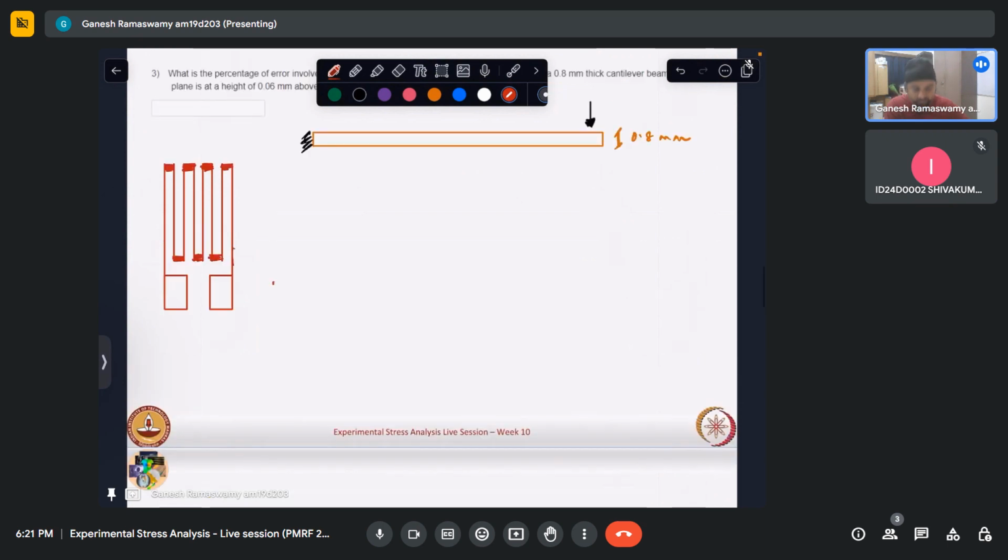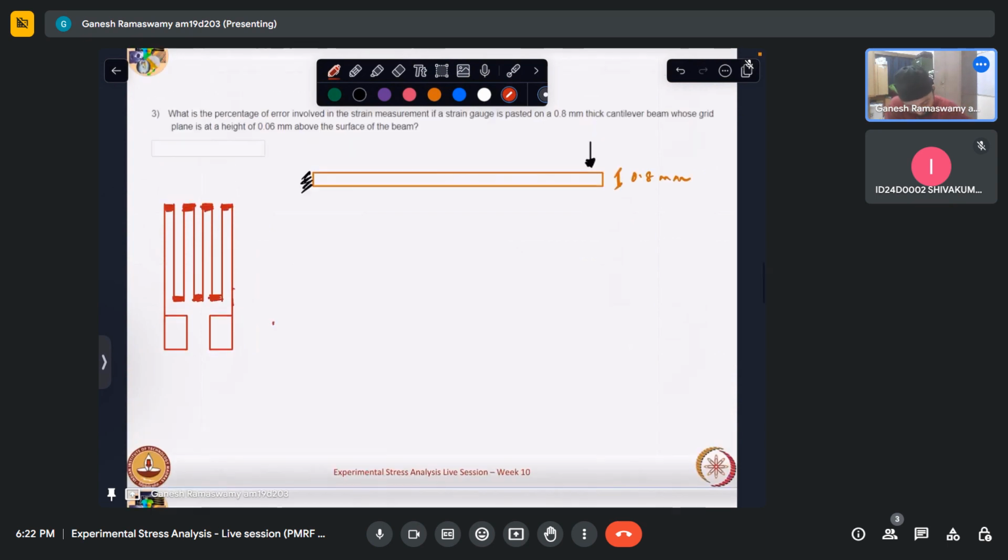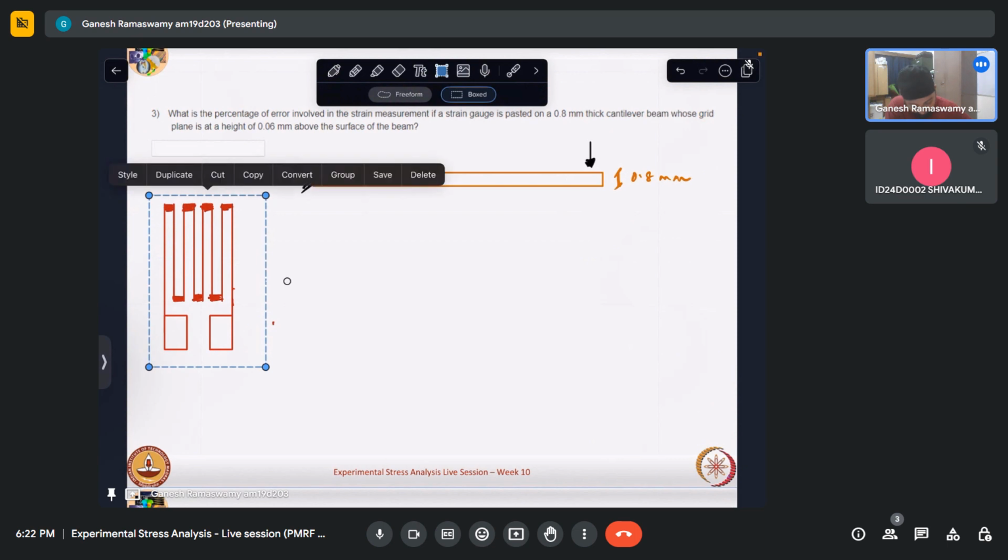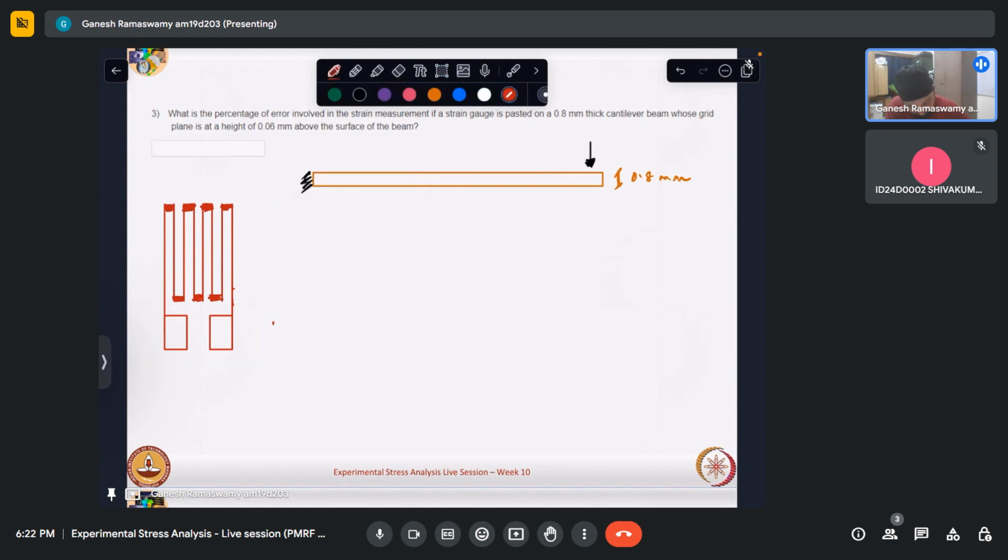So these will connect to the solder tab and there will be a backing and encapsulation and so on. So this is the grid that we are saying. But how we are looking at is we are looking at it from the sides. So this will basically be pasted here at some point. I'm just choosing that point arbitrarily.